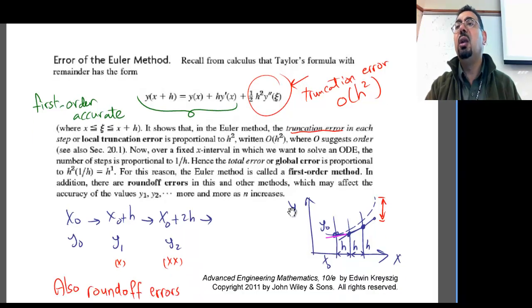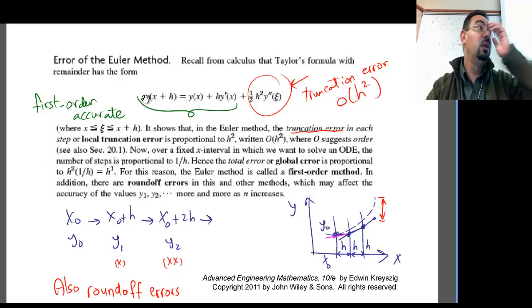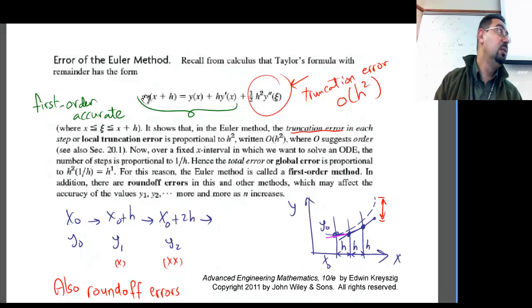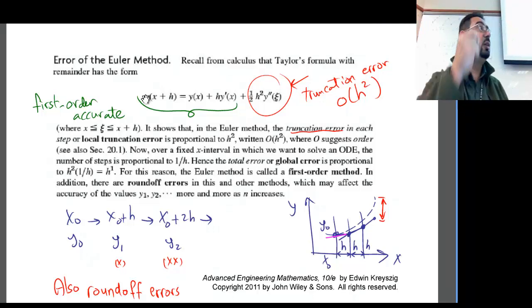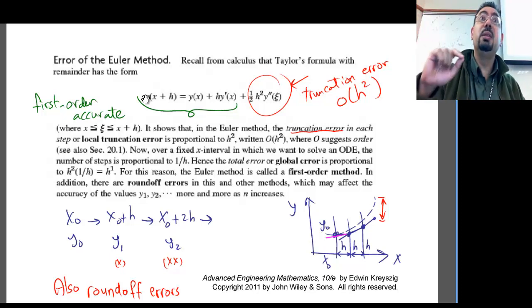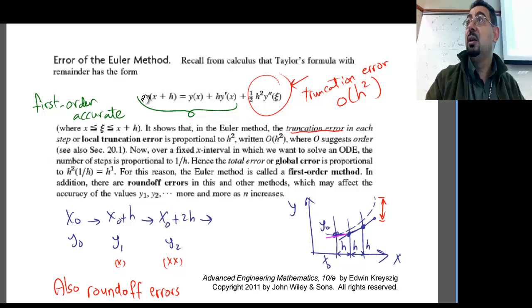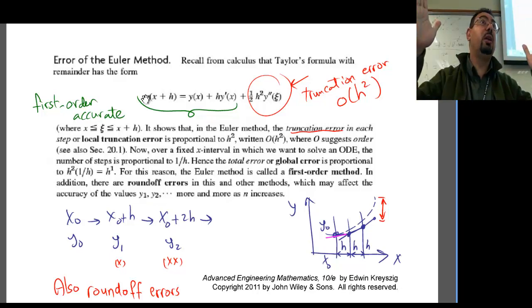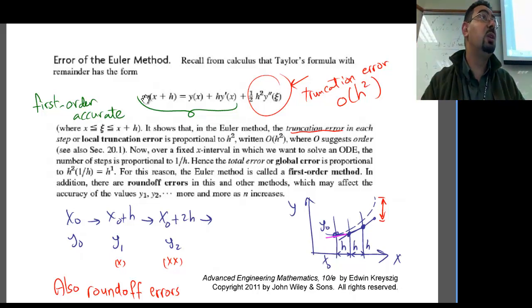So the Euler method is not the most accurate, but it's the fastest and the easiest. It will give you a solution like this, but of course the result is really bad. But you compensate by making h very tiny. Other methods are more accurate, and therefore allow you to have a bigger h. You can step much quicker with the other methods.